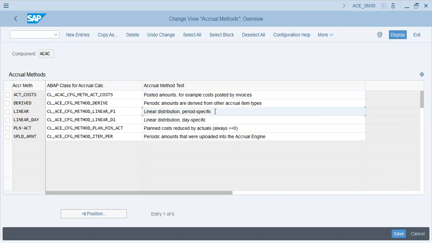Okay. Linear distribution, this is for posting interest amounts or installment amounts. In case if your client is paying a rent or paying installments to procure an asset, that will be linear distribution. Okay.